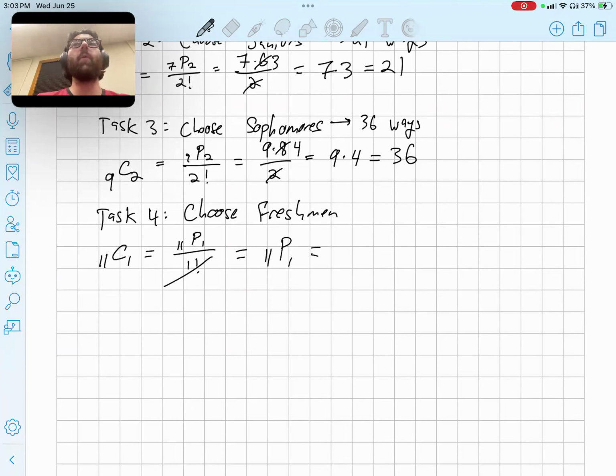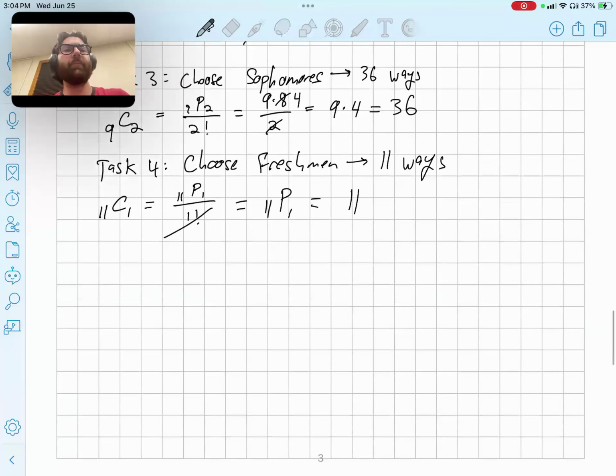But 11 permute 1, that means we write out the first term of 11 factorial, but that's just 11. So 11 choose 1 is just 11. Whenever you're doing number choose 1, that's always just that same number. And so that tells us that there's 11 ways to choose the freshman. And that should make sense. We are only choosing 1 freshman. We have 11 choices, and so there's 11 different ways to choose.